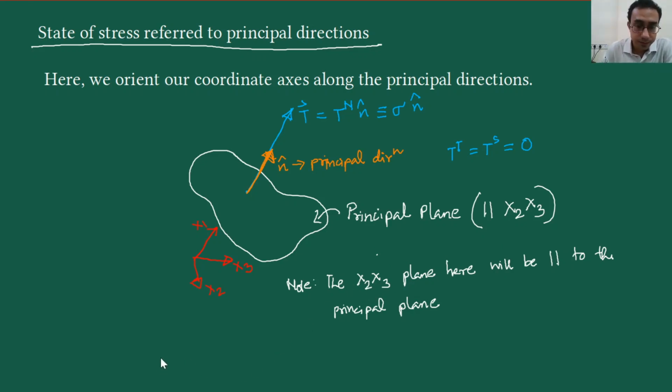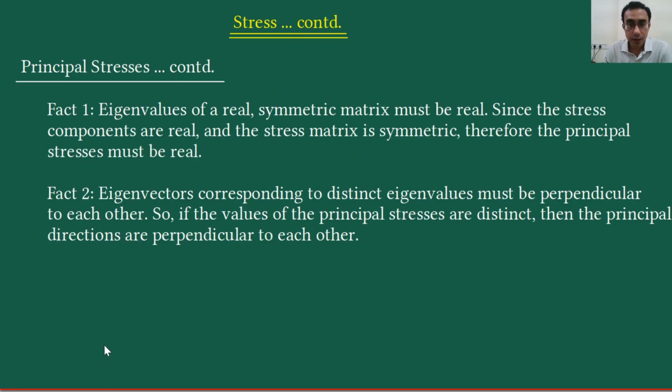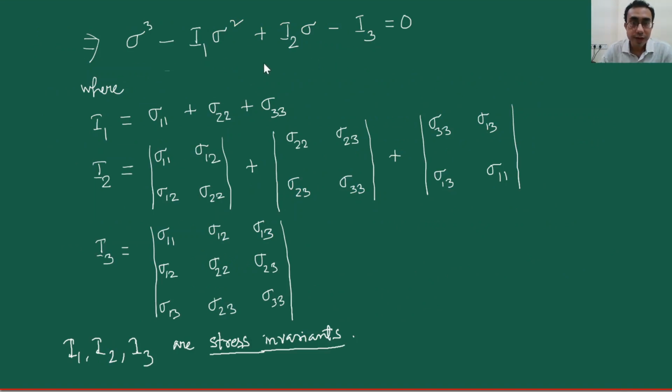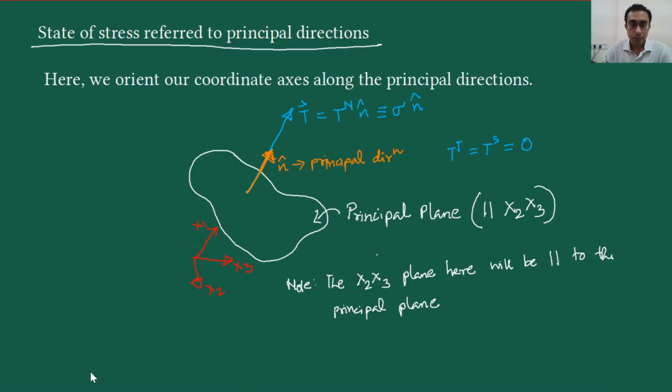So if we go back quickly and look at it, suppose the roots of this equation are sigma 1, sigma 2 and sigma 3. Sometimes this is referred to as the characteristic equation: sigma cube minus I1 sigma square plus I2 sigma minus I3 is equal to 0.